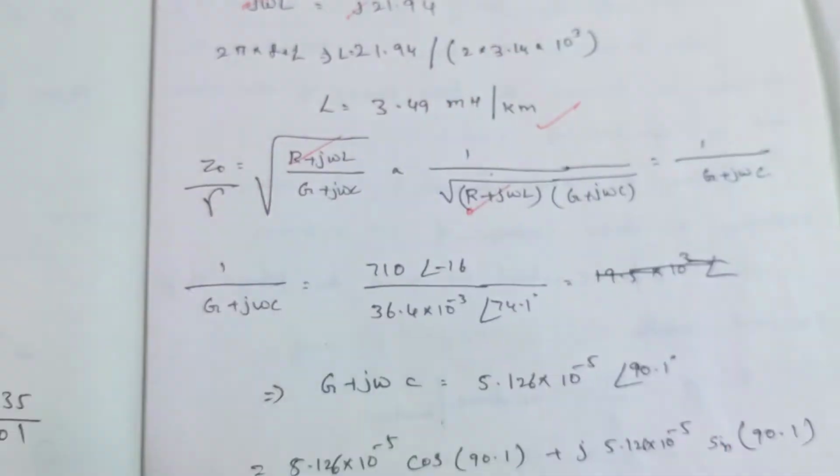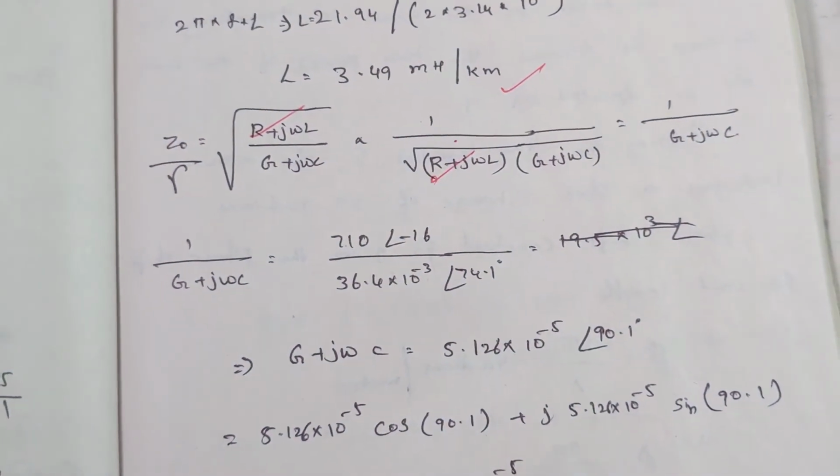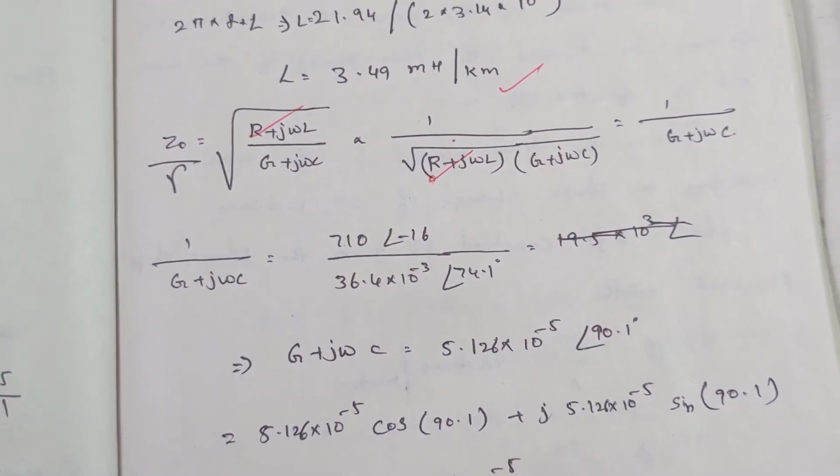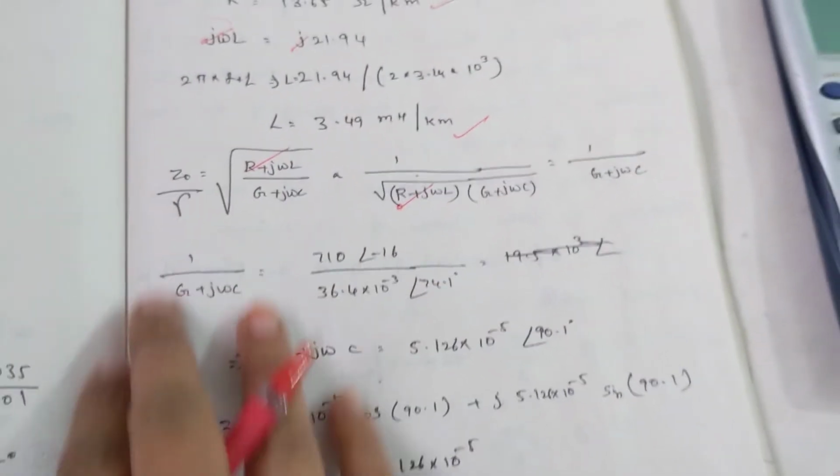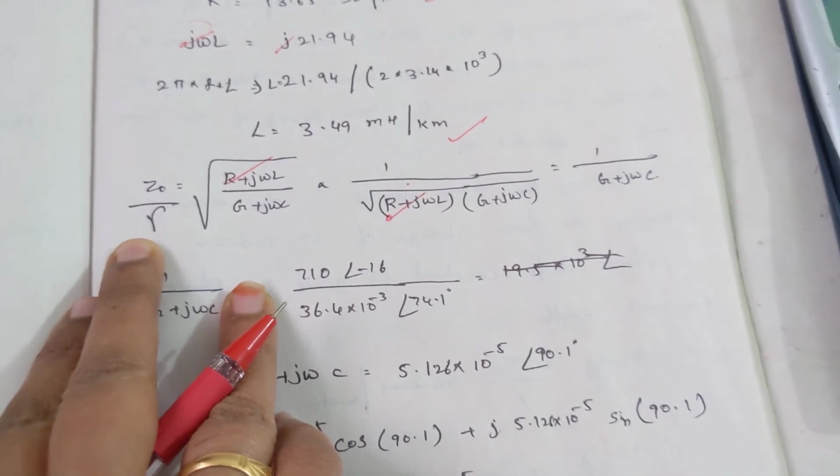The rest of the denominator is 1 divided by g plus j omega C. I know the Z0 value, I know the gamma value.